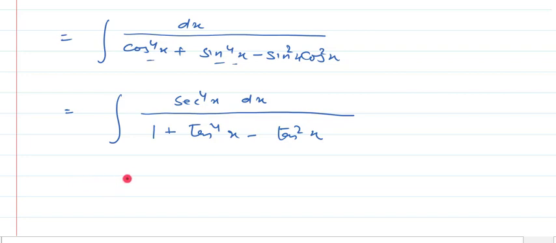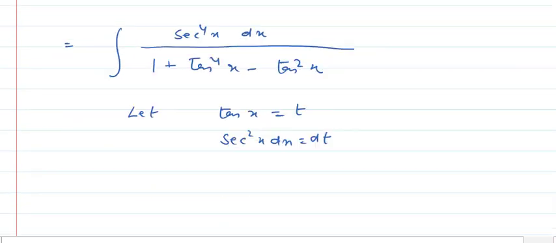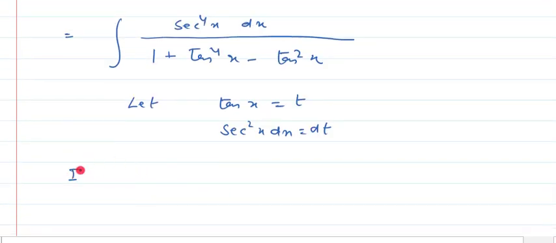So here first of all let us put tan x as t, so clearly secant square x dx is equal to dt. So after changing we are getting I is equal to, we are having sec power 4x, once here sec square x will go with differentiation and another sec square x is left with us.